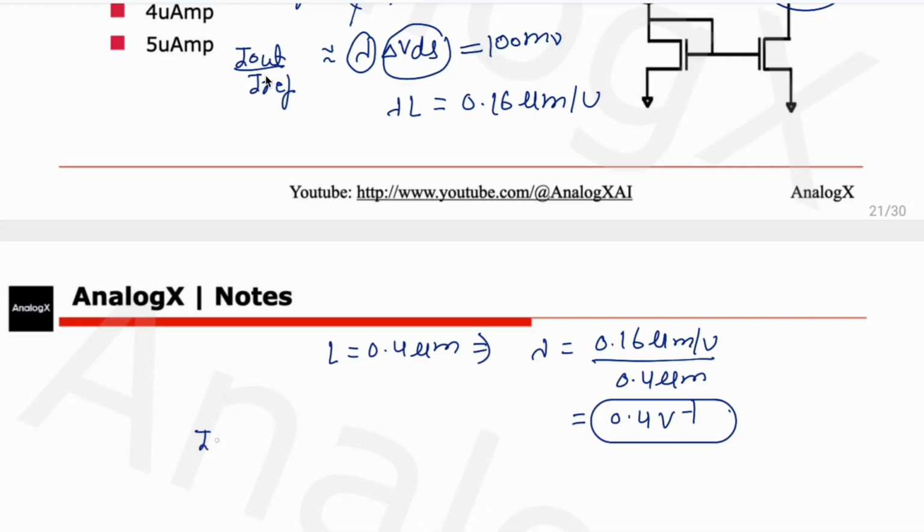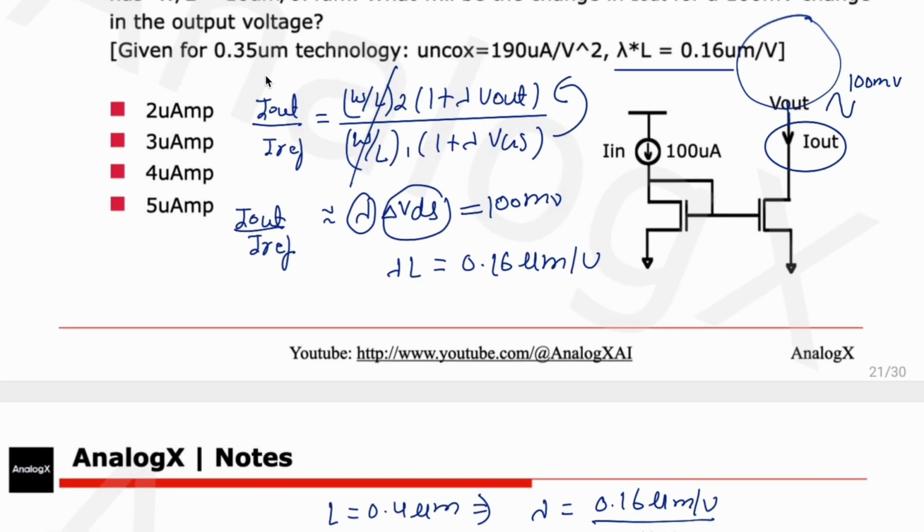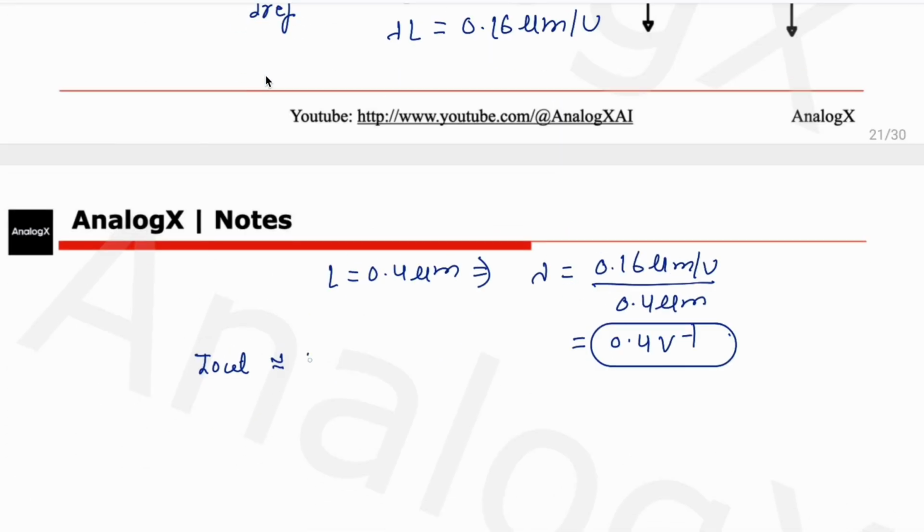So I out will be I reference, which is 100 microampere, into lambda VDS. Lambda is 0.4 per volt and VDS is 100 millivolt.